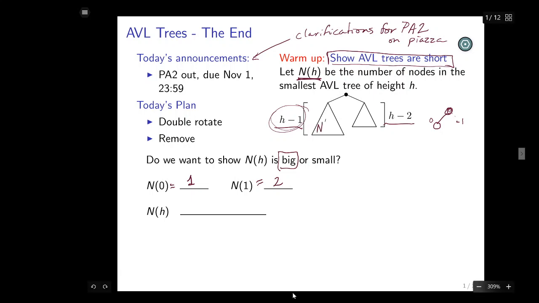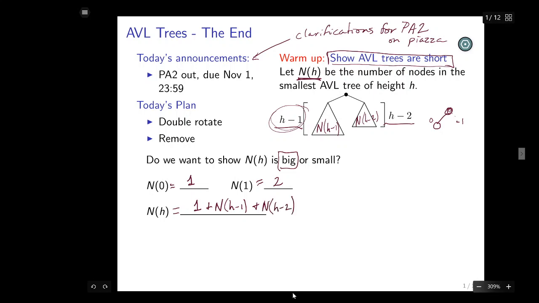You guys got recurrence relations down. That's the n of h-1 tree, and this guy is the n of h-2 tree. So what am I going to write here? n of h, the number of nodes in the smallest AVL tree of height h, is equal to: there's the root, then the nodes in the left subtree, then the nodes in the right subtree.